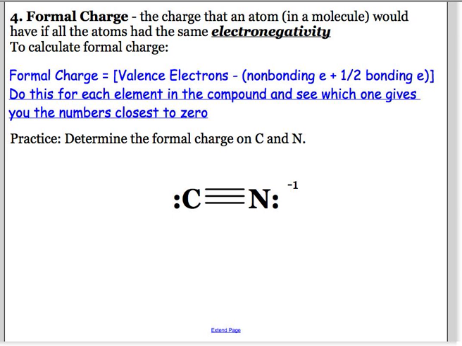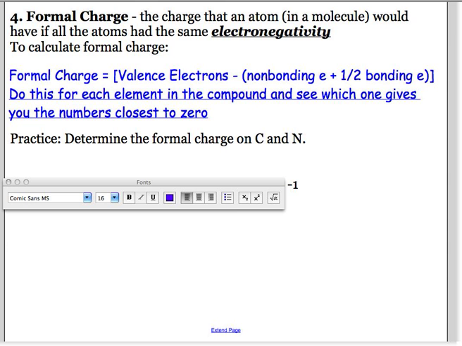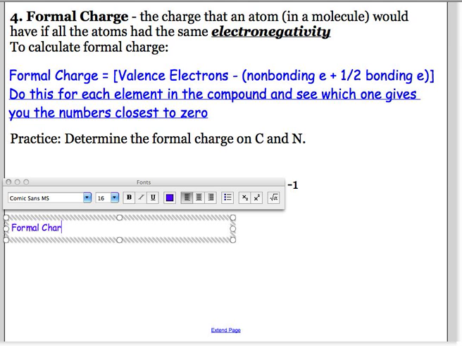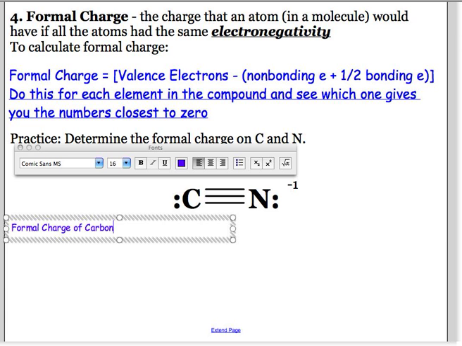Okay, so once you have the formal charges, how do you use them? So here is cyanide, and we want to just do the formal charge for carbon and the formal charge for nitrogen. And this -1 is just for the whole compound here, so that's all it's for. So let's do formal charge of carbon first.